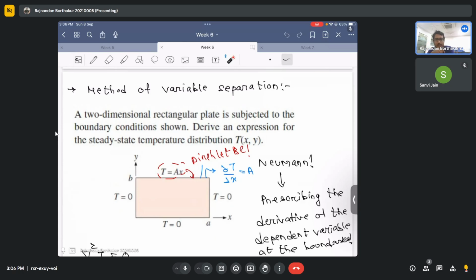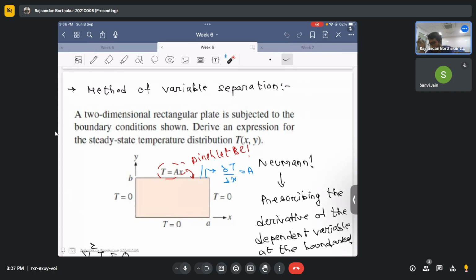One of such techniques is the method of variable separation that we saw, where we solved the temperature distribution of a rectangular plate. It's a 2D problem whose three faces were at constant temperature, here said to be 0 degrees Celsius. And the upper face has a variable temperature, which is some constant times x.